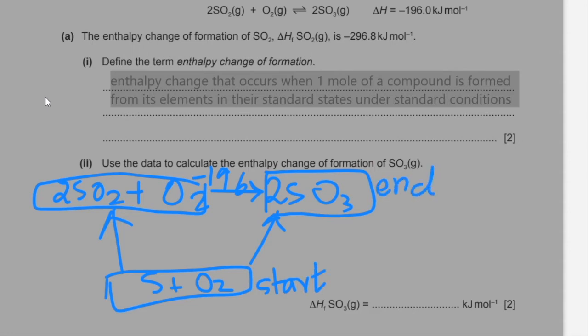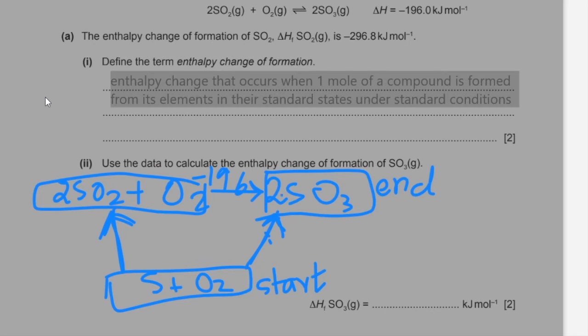That means this arrow over here is going to be equal to these steps, which include going from elements to sulfur dioxide and then going from sulfur dioxide to sulfur trioxide. Let me explain that.